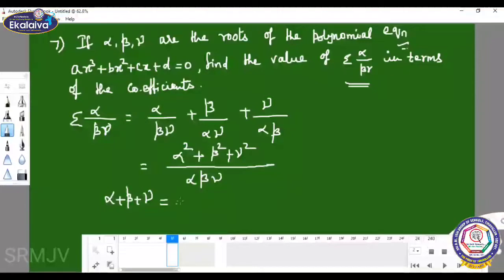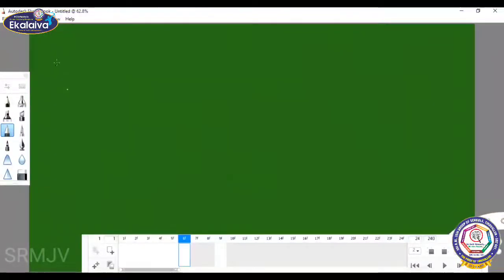Next one is the sum of the products of two roots: alpha beta plus beta gamma plus gamma alpha equal to c by a.